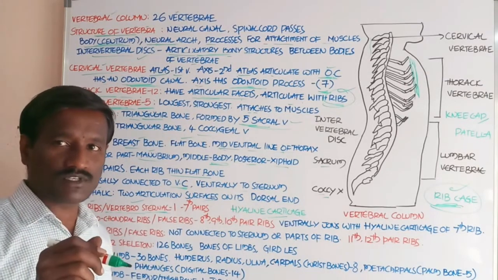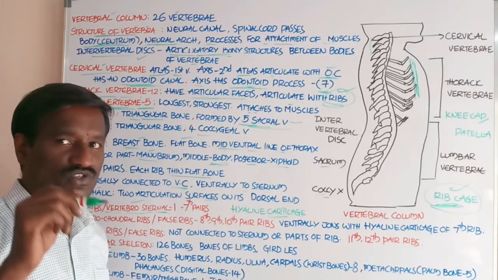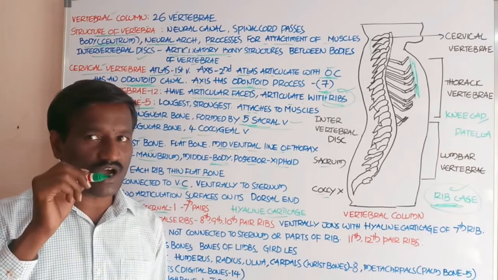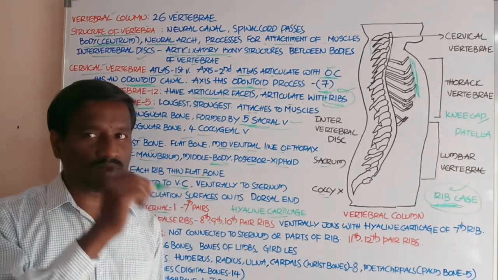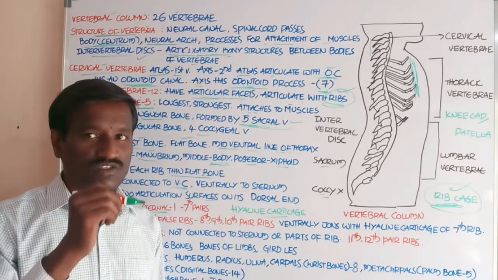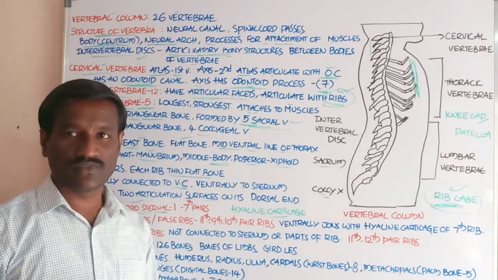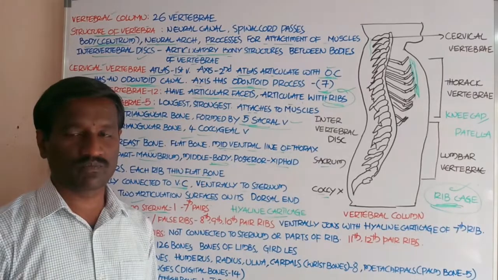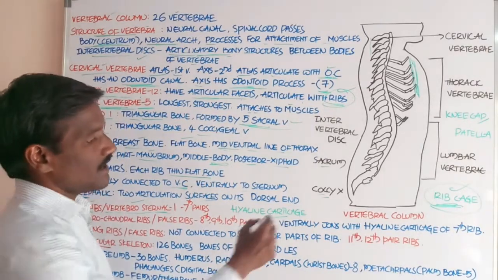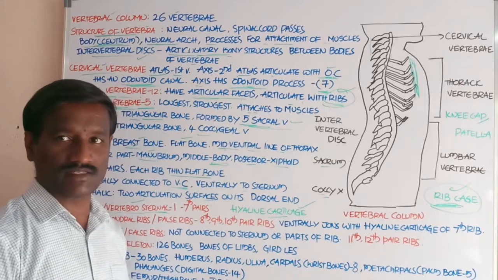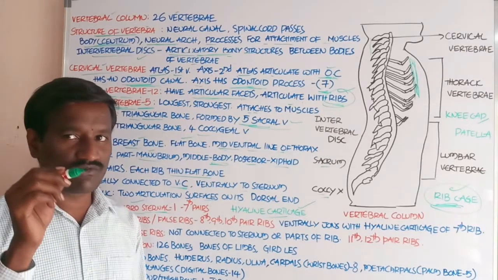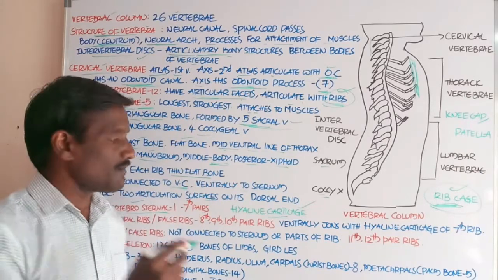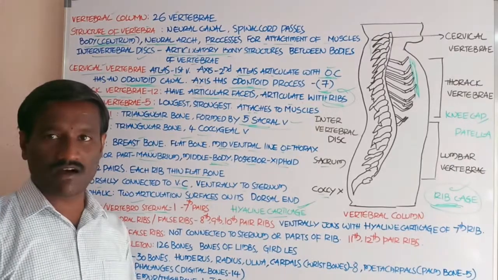These ribs are dorsally attached to the thoracic vertebrae of the vertebral column by their dorsal head-like structures, and ventrally they attach to the sternum by the help of hyaline cartilage.